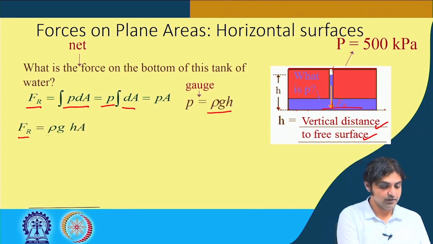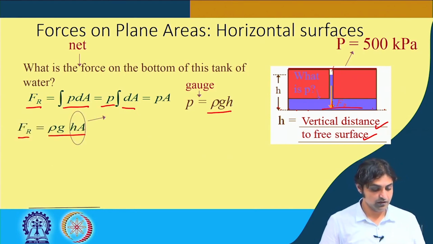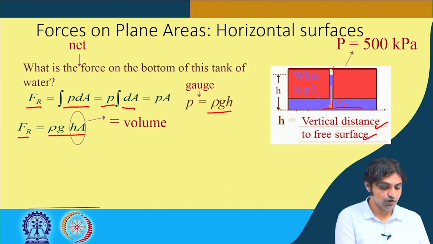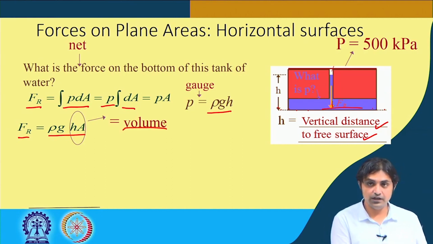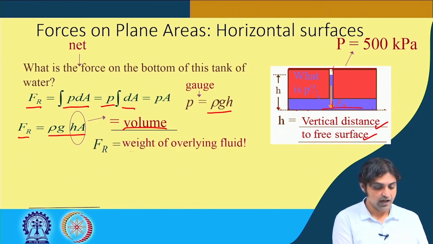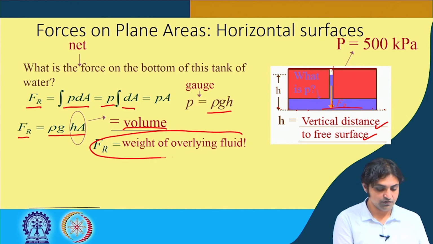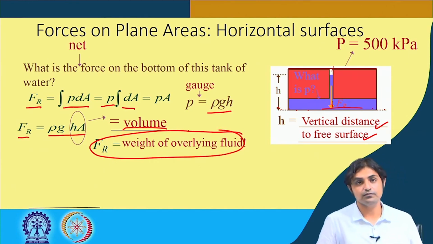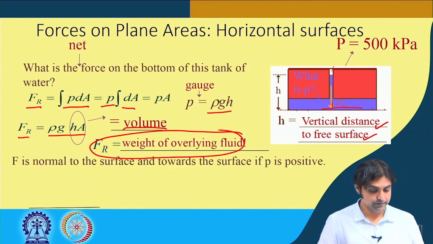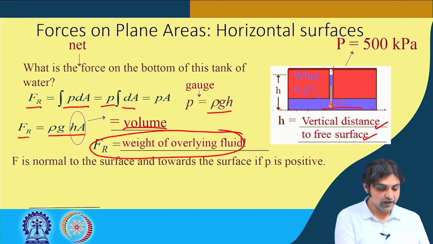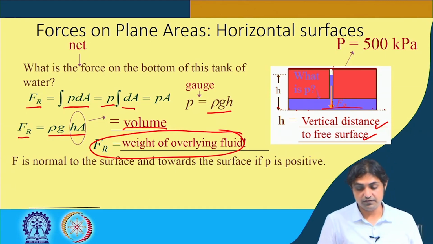So, Fr will become rho g h into A. hA is the volume, area into height, right. So, Fr is actually nothing but the weight of the overlying fluid. Also, F is normal to the surface and towards the surface if P is positive.